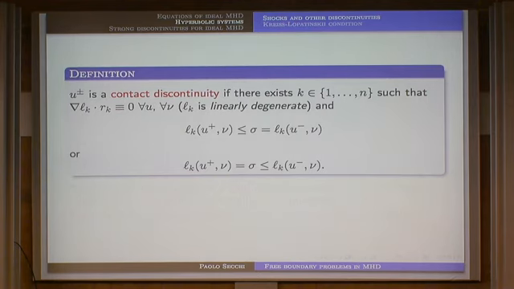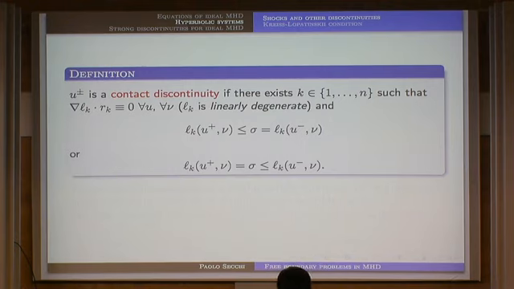Another definition, this one: we have a contact discontinuity if again there exists k such that the corresponding eigenvalue is linearly degenerate, which means this fact here. So we had always different from 0 before, now the scalar product is identically 0. And we have the eigenvalue coinciding with sigma on one side or on the other side. So in this case, we have this discontinuity.